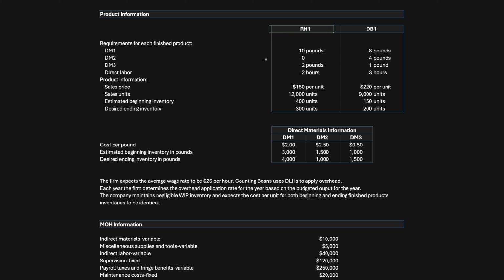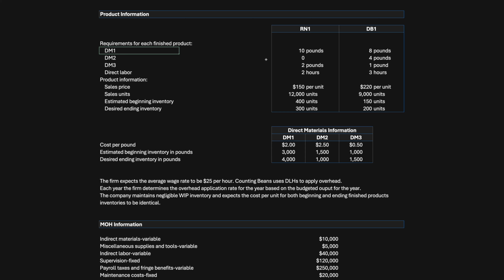The first type of blend is called Real Nice, or abbreviated here as the RN1 blend. And over on the right, we have DaBomb, or the DB1 blend. Each specialty blend uses its own unique combination of beans sourced from different parts of the world.